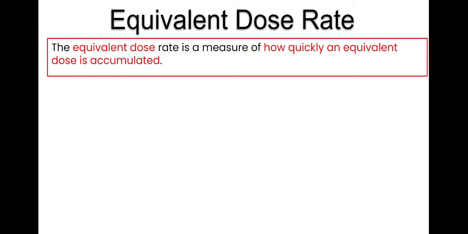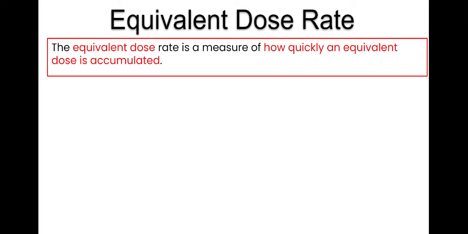Now, another thing that affects how quickly or how dangerous radiation can be is how quickly you absorb it. So, a small amount of radiation absorbed very quickly can be as dangerous as a large amount of radiation absorbed over a lifetime. And to take into account this, there's this other quantity called equivalent dose rate.